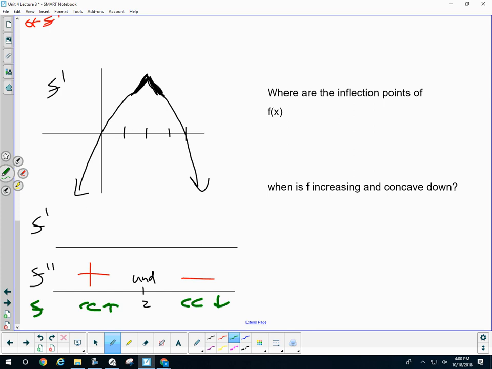Now, don't ask me what the graph of f looks like here, where the derivative is going to be positive, but the second derivative is undefined. Maybe it's like, I don't know what it's going to look like. Just go with the fact that the graph is telling you f is concave up and concave down. There is an inflection point at 2. Even though it's a sharp point, it is where the concavity is changing. It's where the signs of the second derivative change.